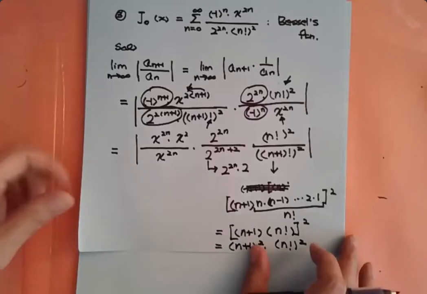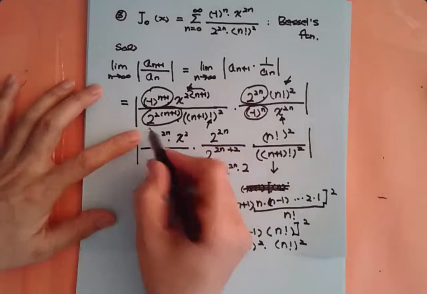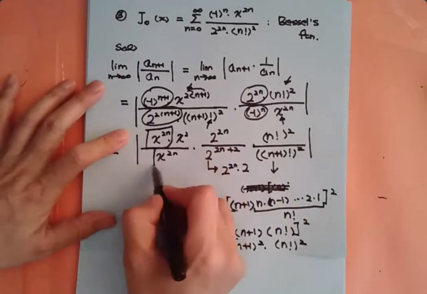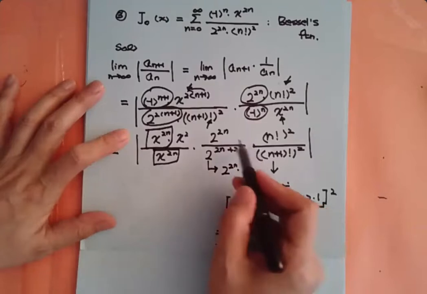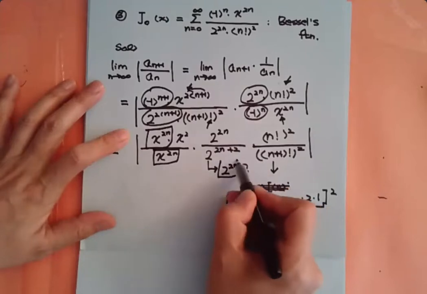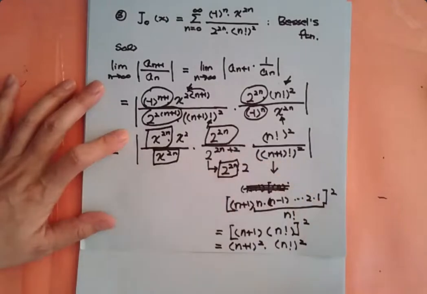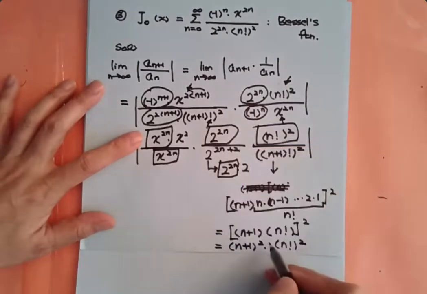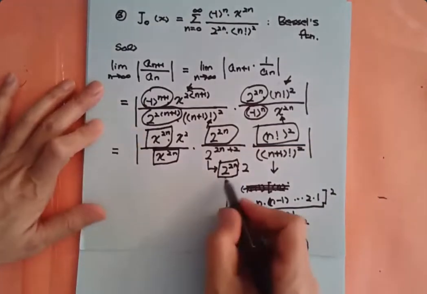So let's simplify. We cancel the x to the 2n out, we cancel the 2 to the 2n out, and for the last part, we cancel the n factorial squared.